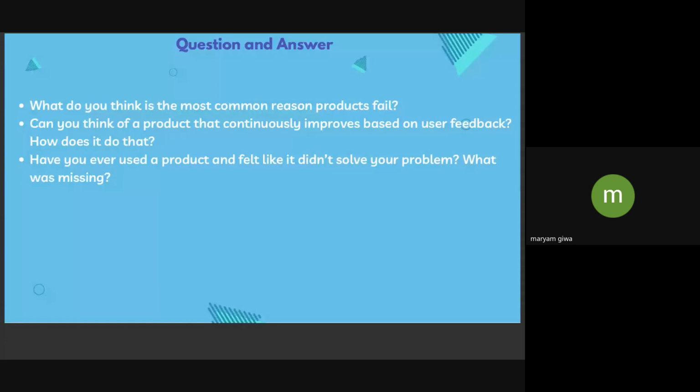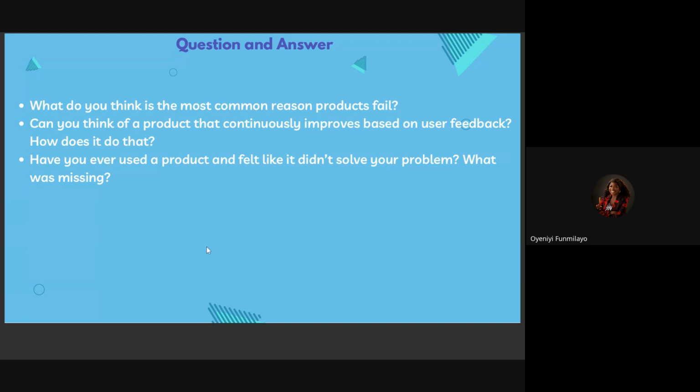So it didn't really solve my problem. What was missing? They did not specify that I had to pay for premium before I could use it. Okay, amazing. Thank you so much. Let's proceed.